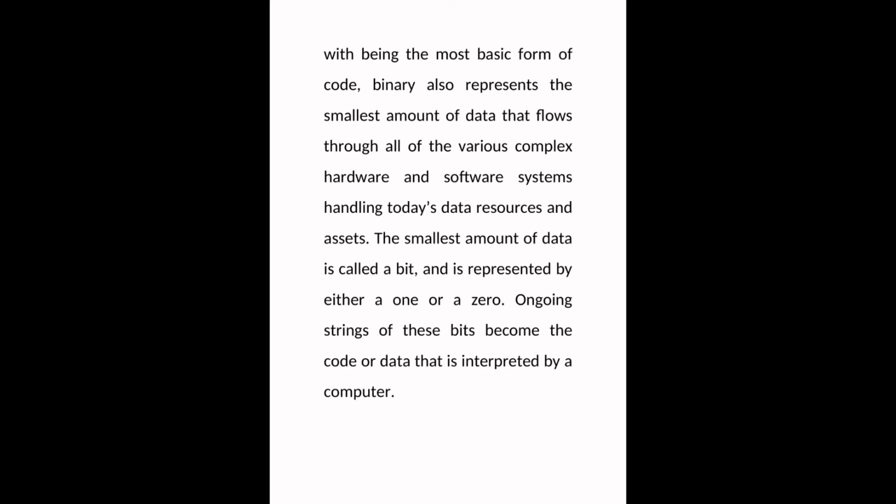Whatever is stored on our hard disk is stored in the form of bits. A bit consists of 0 and 1. The smallest amount of information that flows through hardware systems, meaning processor, chip, RAM, is called binary.